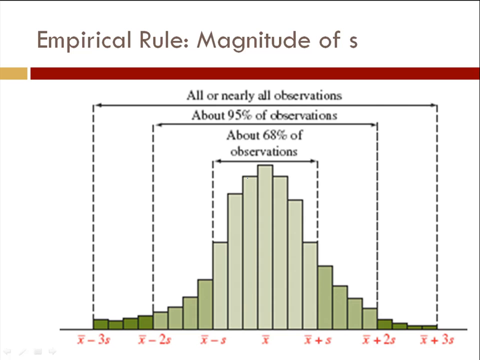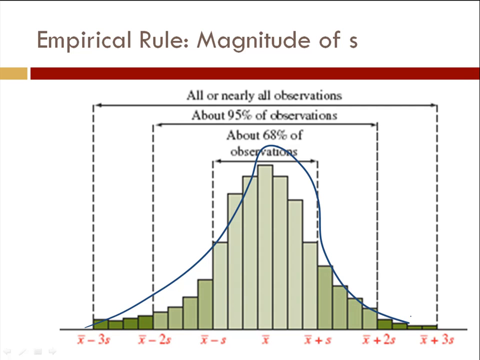And now we'll take a look at the empirical rule and its relationship to the magnitude of s. The empirical rule is a really powerful rule in statistics, but it only applies to these distributions that have the nice, normal, bell-shaped sort of curves.